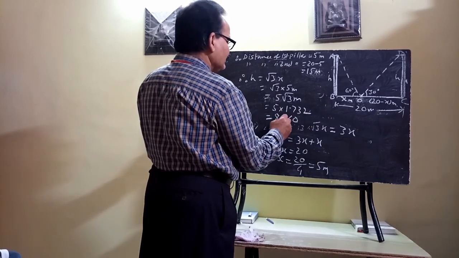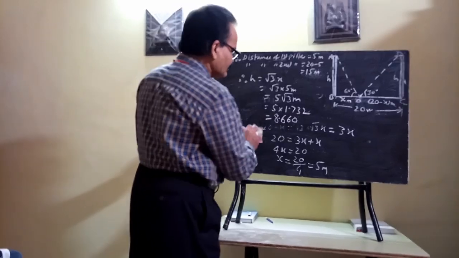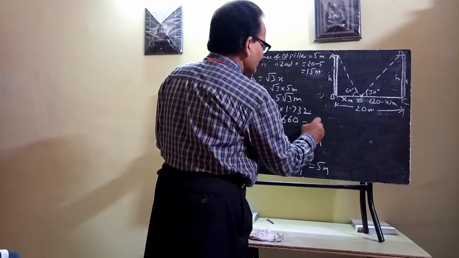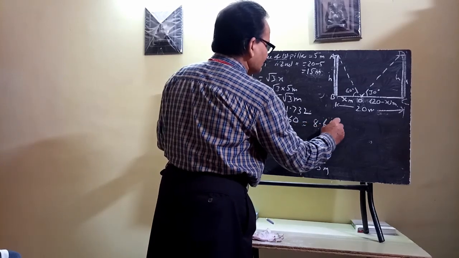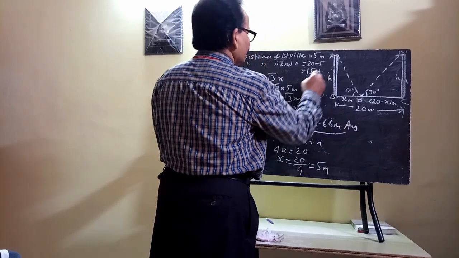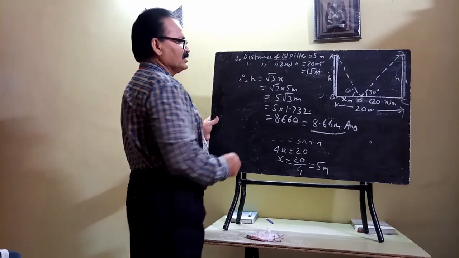So after that you have to put your decimal after 3 decimal places. So the approximate value is 8.66 meter. This is the height of your pillar.